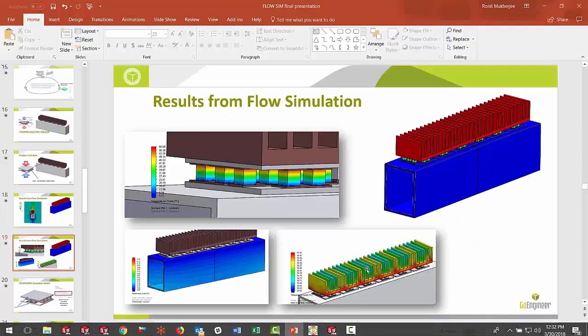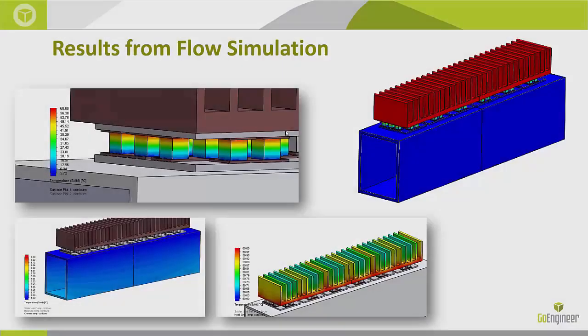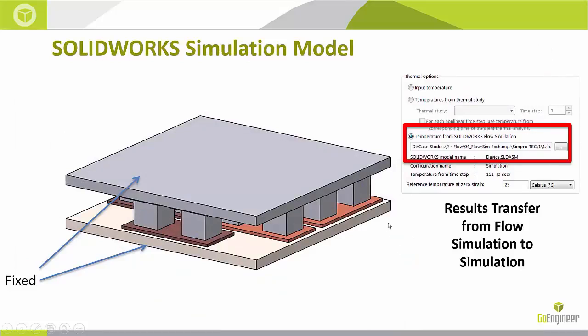Going back to the PowerPoint over here, just recapping everything, I mentioned we were able to run the flow simulation study on this assembly, get the temperature distribution from our results, and then apply these results into our SOLIDWORKS simulation model, where I isolated everything that I did not need to be a part of this assembly, and I just wanted to test for the solder joint. So everything has been suppressed or excluded from the analysis, and under our thermal options I was able to select what study I'm working with.